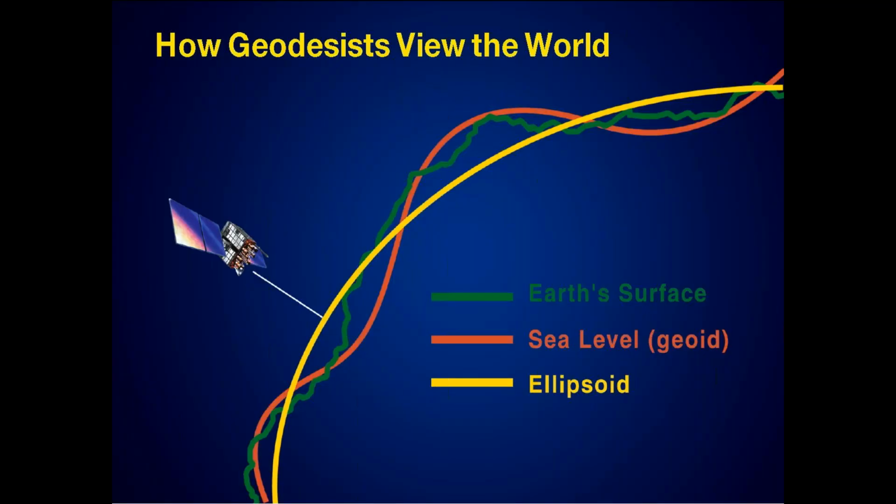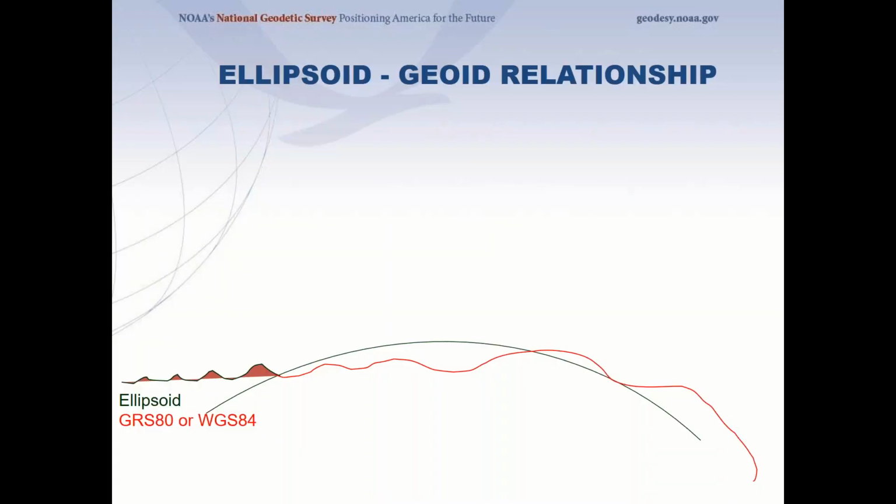So with this, how does a geodesist, which I am, view the world? We view it as 3-dimensional, and we have different elements that go together. And this is how we get orthometric heights, or heights using GPS. First, we have our GRS 80 ellipsoid, or our WGS-84 ellipsoid, and these are defined.